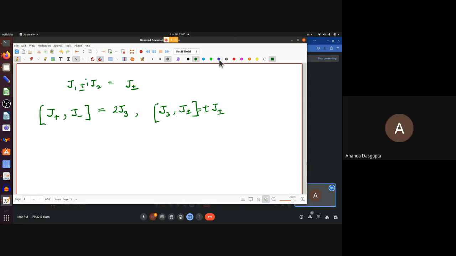Now we are going to use a slight variant on this because that's going to make it easier for us to do some calculations. So these were J1, J2, J3, which generate our SU2.